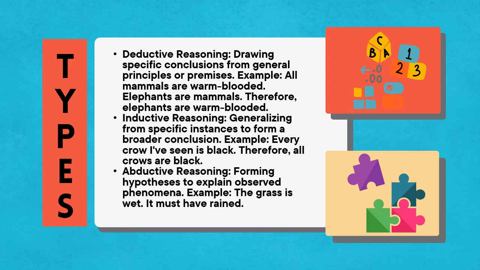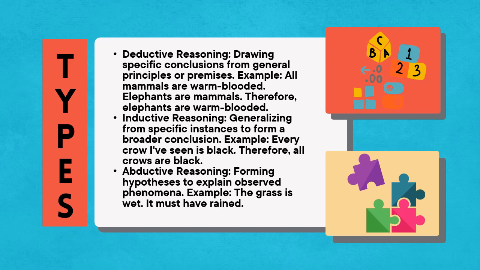But before that, we must know what deductive reasoning is. What does this mean? Now, as per the definition I've mentioned here, it is drawing specific conclusions from general principles or premises. Example, all mammals are warm-blooded. Elephants are mammals. Therefore, elephants are warm-blooded. What do you understand by this?